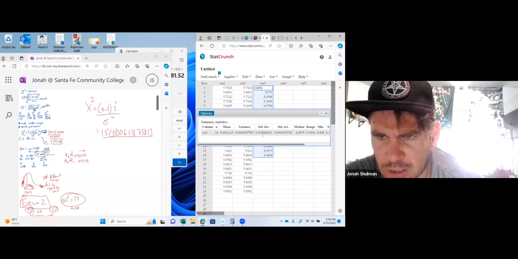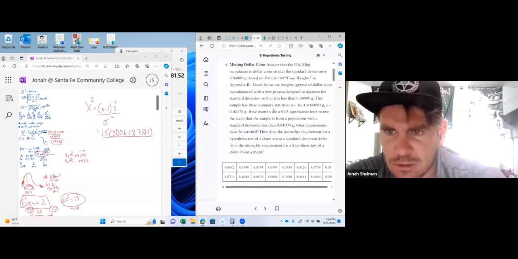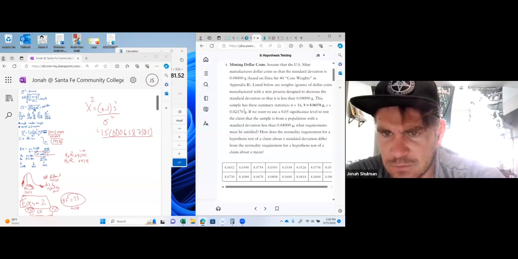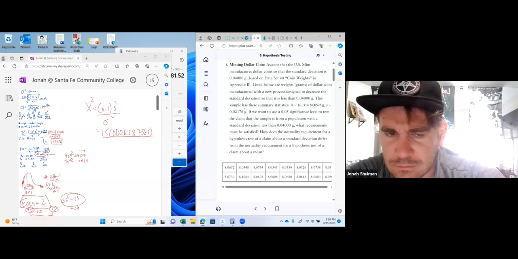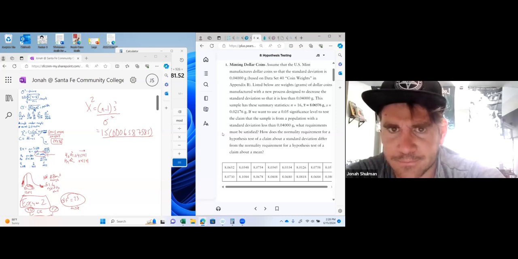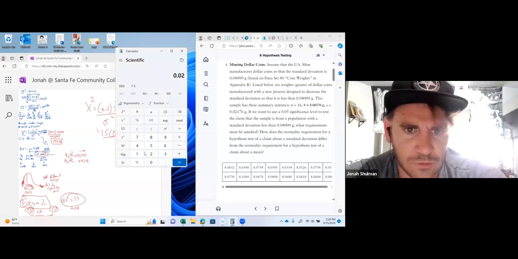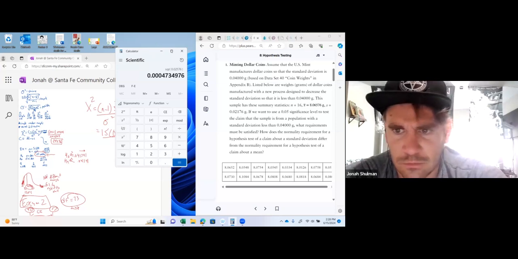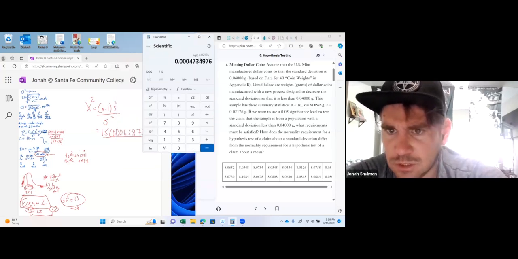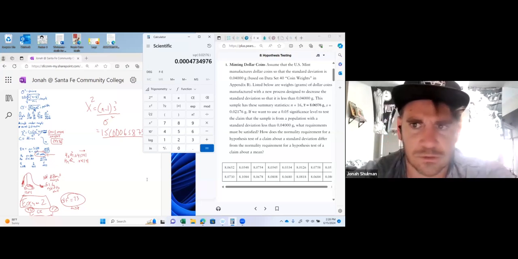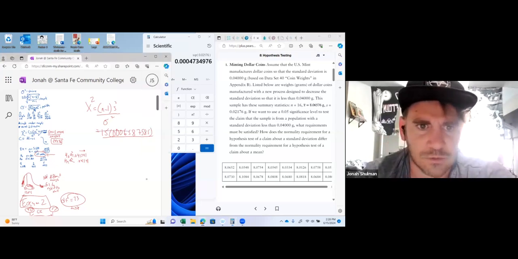Wow. They said that the standard deviation was 0.02176. I really don't like it. 0.02176 squared. Well, I might as well just use what they gave us.